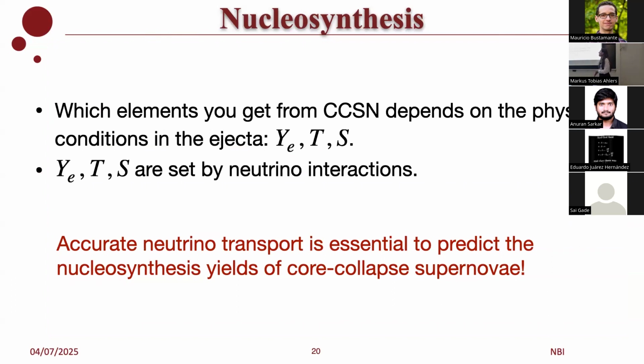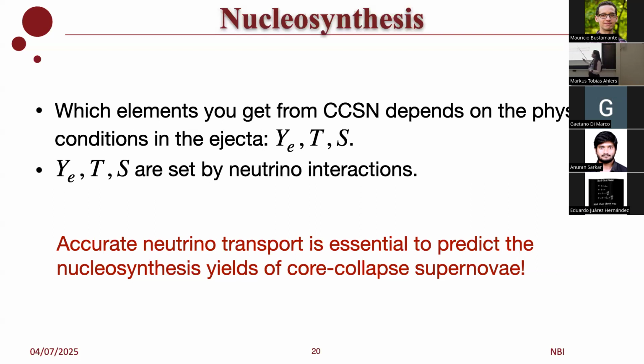Now, in order to understand which elements will be produced after a supernova explosion, we need to know what kind of ejecta we had for the explosion. After the explosion, did we have proton-rich ejecta? Did we have neutron-rich ejecta? Then we need to know what the electron fraction is.